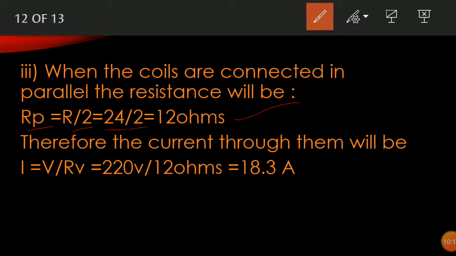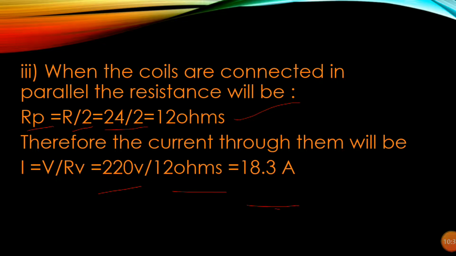And now we can calculate the current. Again from Ohm's law, V by R is equal to I. That is, for the potential difference of 220 volts and for the resistance of 12 ohms, we obtain a current of 8.3 amperes.